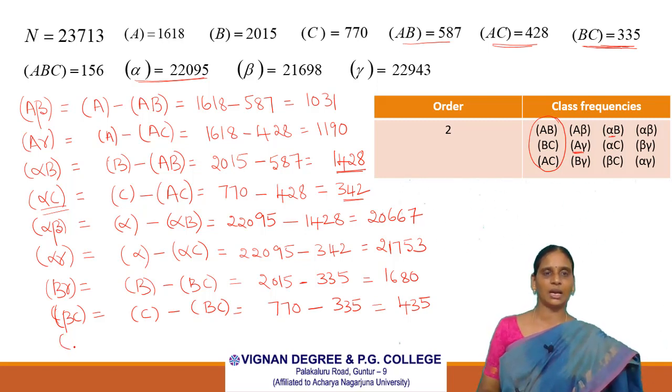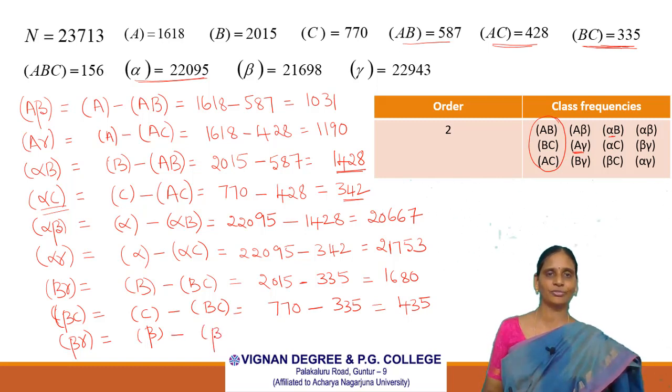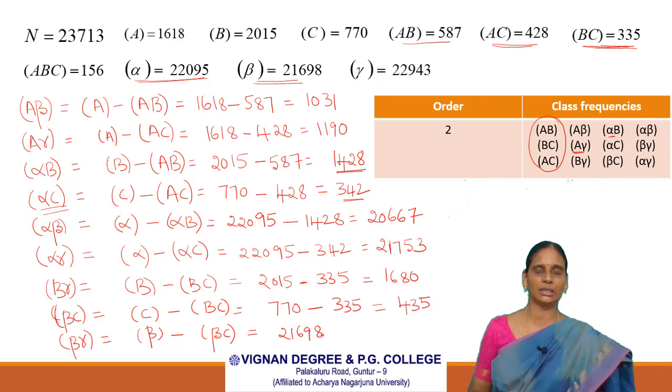And the last value, that is frequency of βγ. This is equal to frequency of β minus frequency of βC. So the value of frequency of β is 21,698, already calculated in the previous slide, minus frequency of βC.